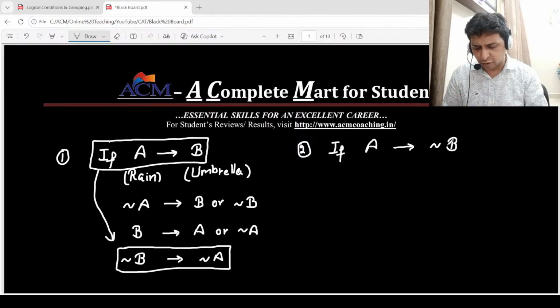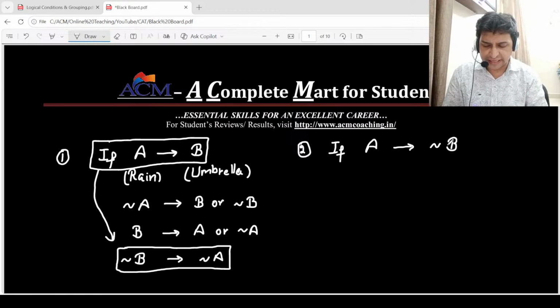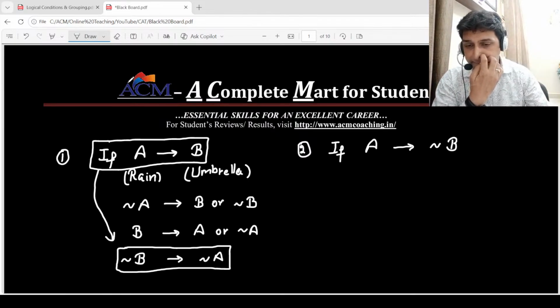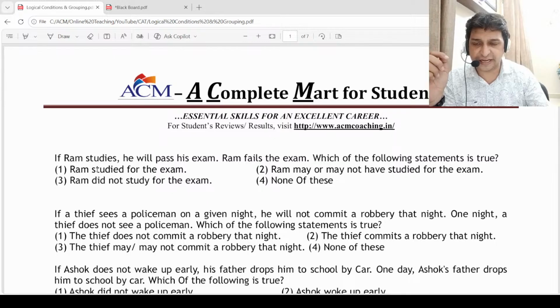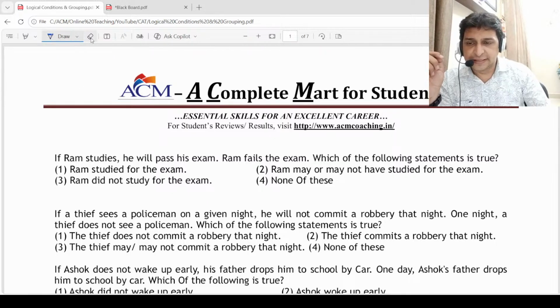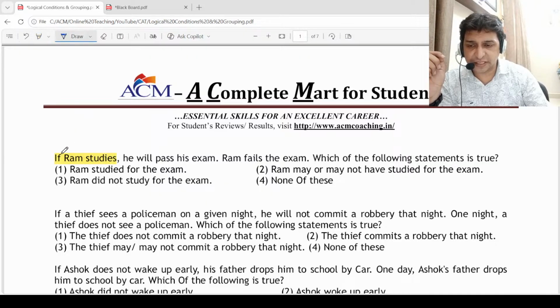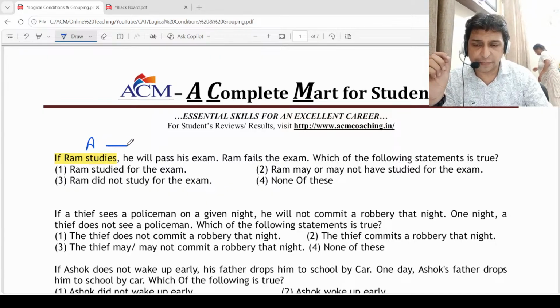Now, before I go ahead with the second rule, let's take an example on rule number one. The first question says, if Ram studies, that is A, he will pass the exam.